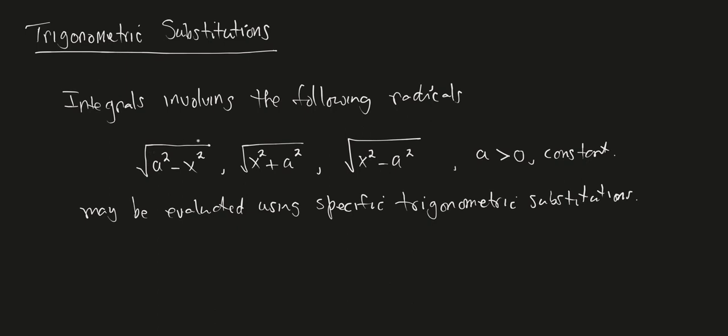There are certain patterns in these radicals that will actually lead us to trig functions. But the problem is, under the square root right here, we have the difference of two squares, and here we have the difference of two squares, and here we have the sum of two squares. But none of those expressions under the square root are perfect squares.